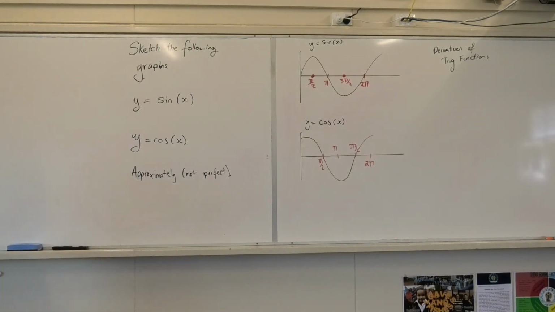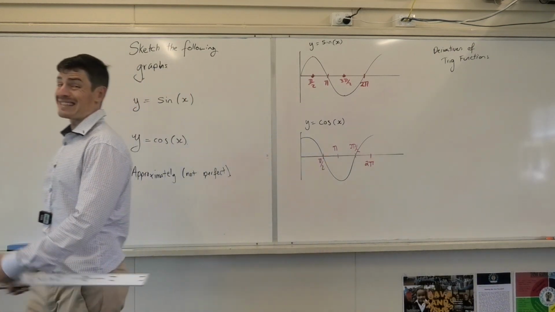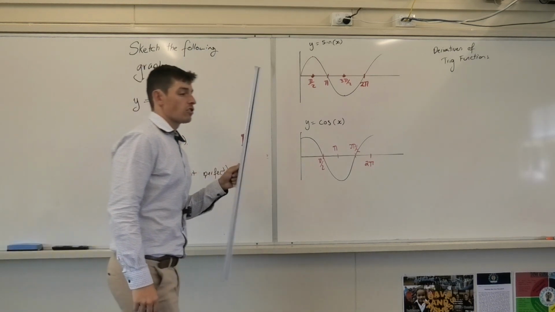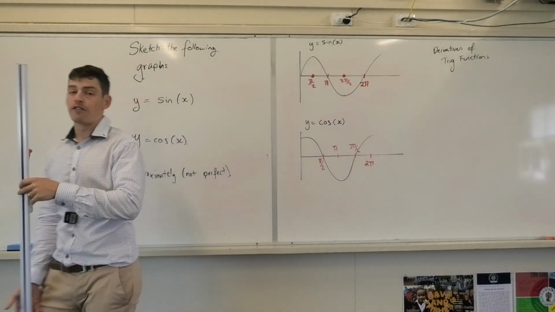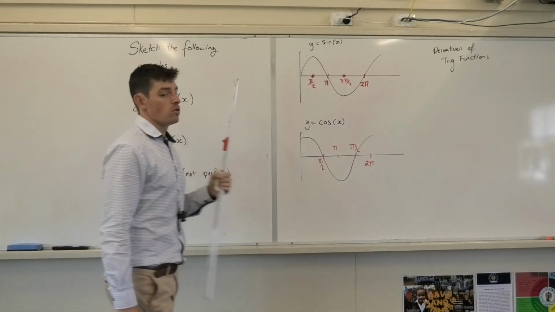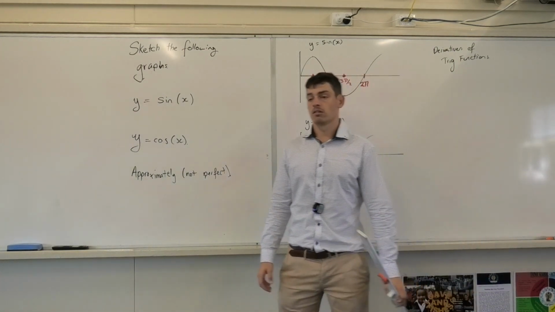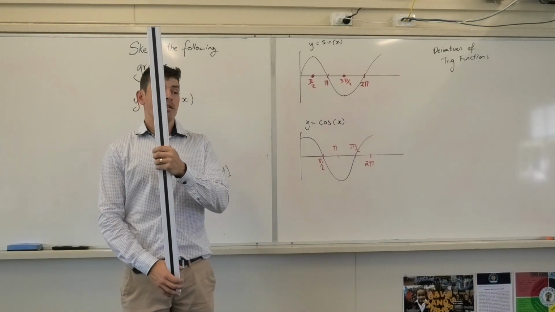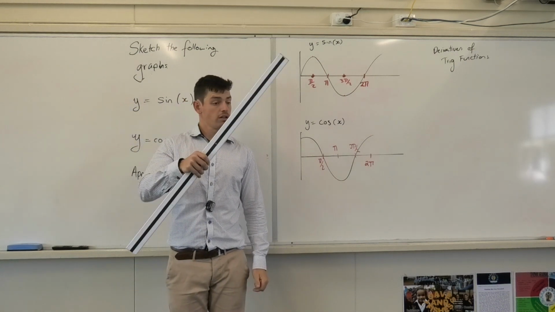Now, what I want you to do is to identify the point where you think the gradient is at its highest. So I'll just say that again. When you think the gradient is at its highest. So I want you to trace through your trig graph here and identify the point where you think the gradient is the highest. So which way should it be pointing? As close to vertical as possible, correct? Should it go this way? Should it go this way? We want it positive.